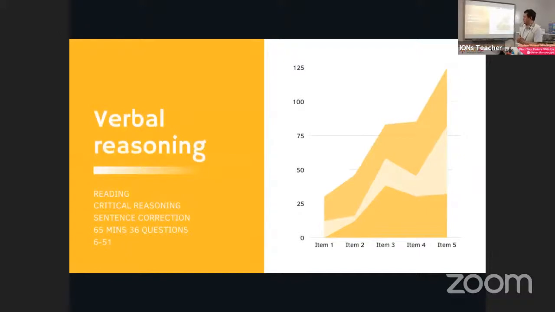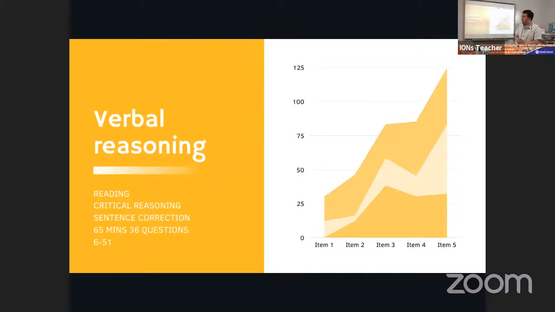Here's the verbal reasoning on GMAT. We have reading comprehension, critical reasoning, and sentence correction. It consists of 65 minutes and 36 questions, and the score is 6 until 51.